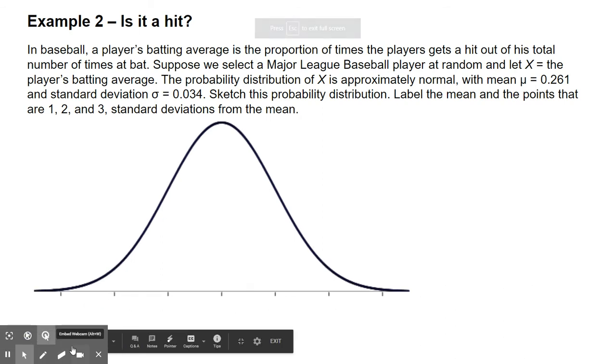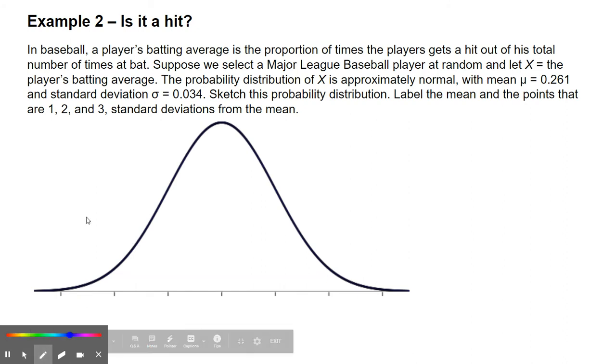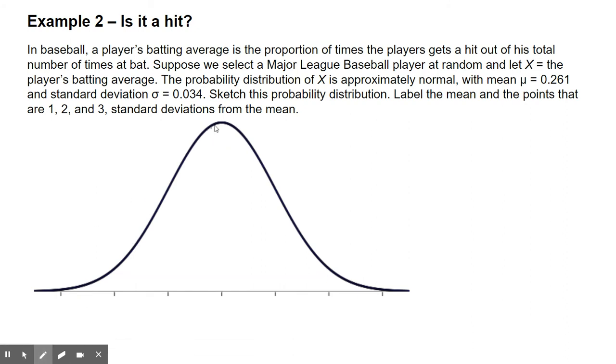Okay, so I don't overcomplicate this. This is basic adding and subtracting. So first of all, because I'm approximately normal, the mean is going to go directly below the peak. So here's my mean, 0.261. And now my standard deviation of 0.034, that is what I'm going to add and subtract to the mean to get my first standard deviation.